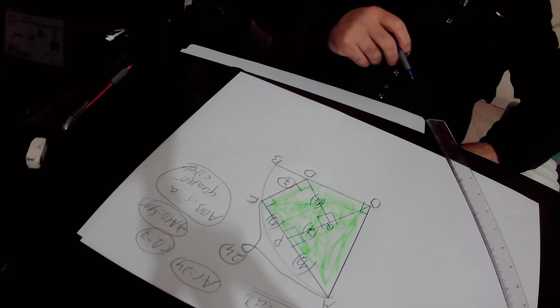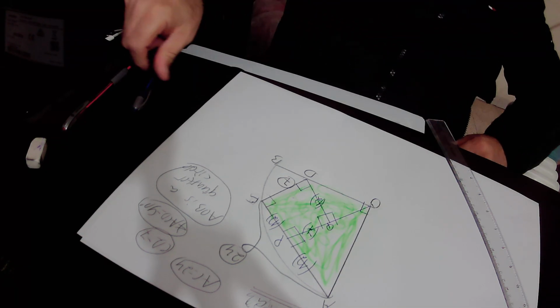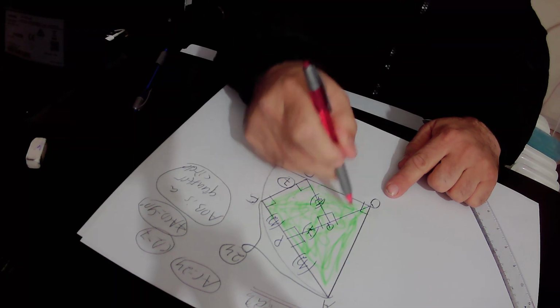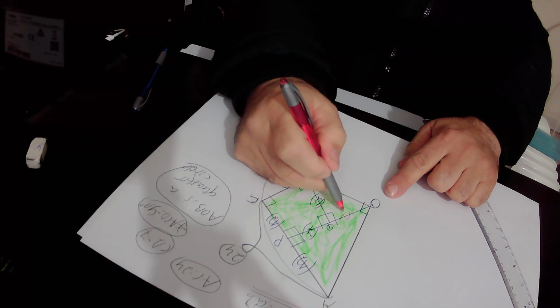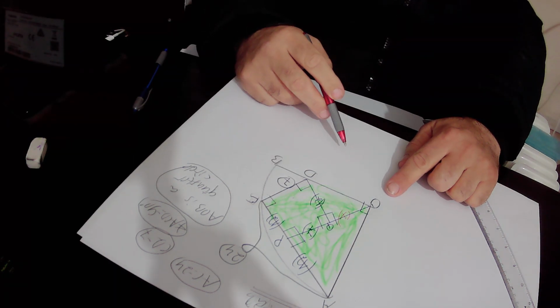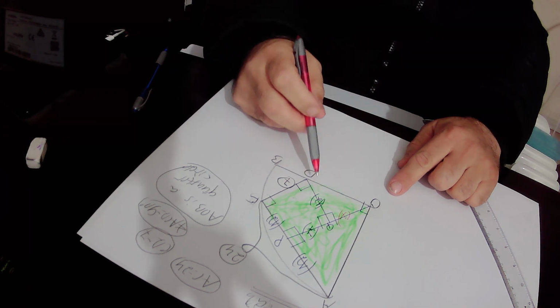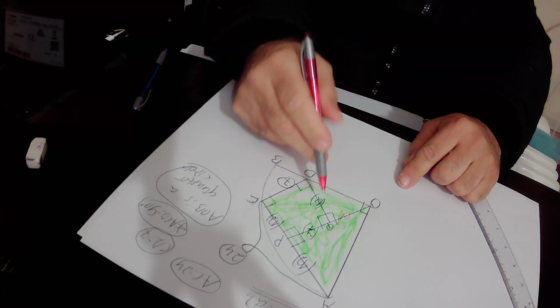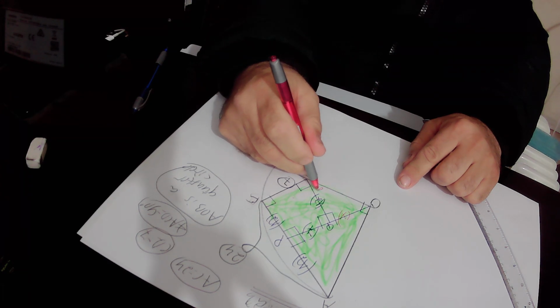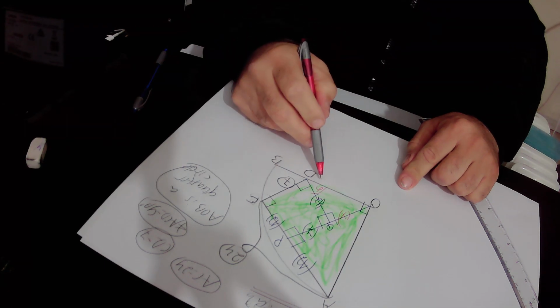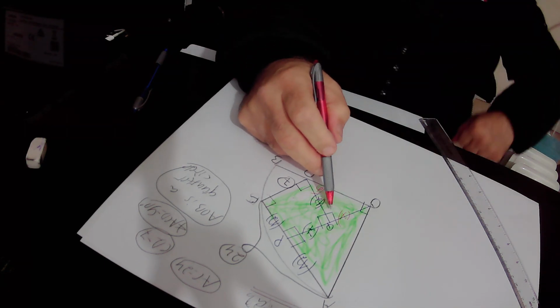In the next step, we define the length of QO as X. We focus on the right triangle OQD. In this right triangle OQD, we define angle QDO, this angle, as alpha. So in the right triangle QOD, this angle equals alpha, this angle equals 90 degrees.